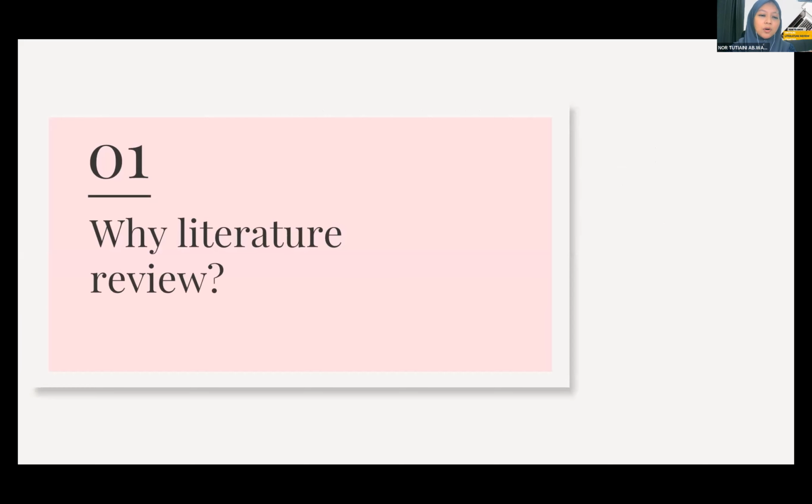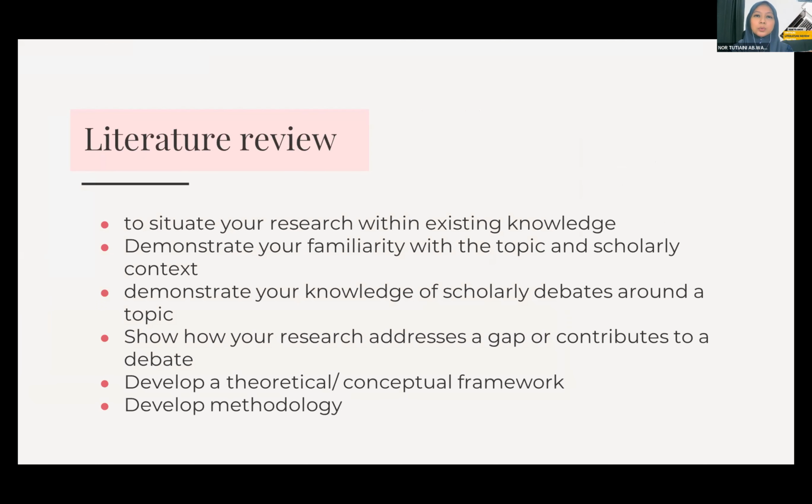Okay, so let's move on to why literature review. This one perhaps you always hear in other workshops too. Later when we get to the hands-on, maybe you can integrate these points in your writing. As I mentioned previously, literature review is crucial to situate your research within existing knowledge. That's why your supervisor always nags: make sure your literature review has citations from current studies.